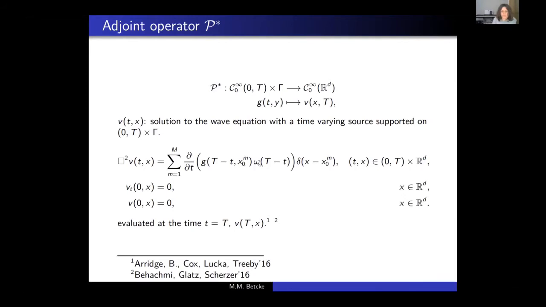This source term is composed from the recorded data with the smooth aperture applied to it, reversed in time and played backwards at the sensor locations on the boundary. So to execute the adjoint, we have to solve this equation and evaluate the solution at the time t.